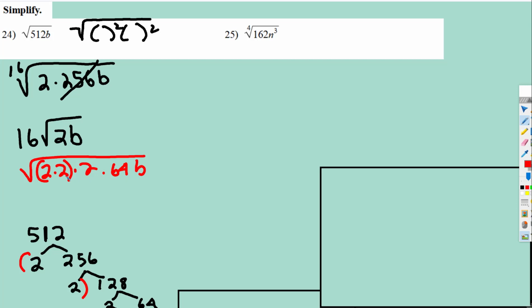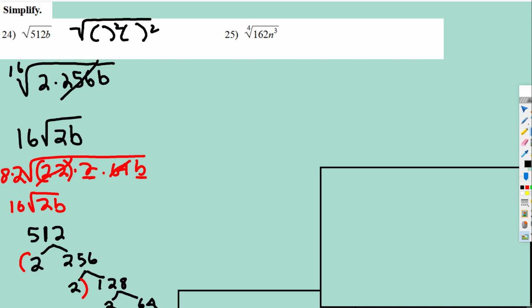Well, 2 times 2 is 4. The square root of 4 is 2. The square root of 64 is 8. So 8 times 2 is 16. And then the only thing that's left under the radical is 2b. So that's a couple of ways to get there.